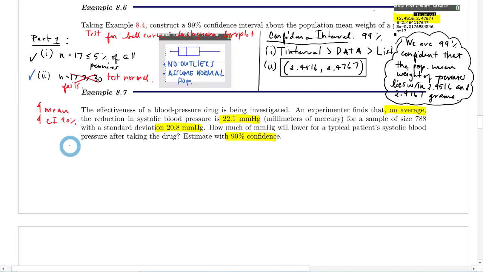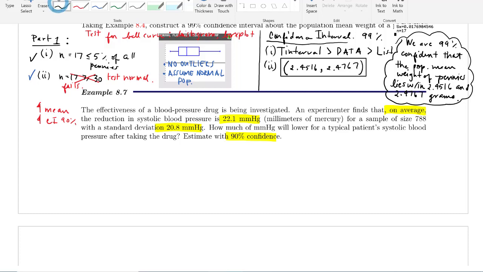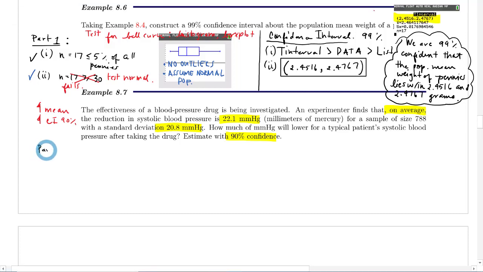Okay, and so they did not tell us it was normal, so we're going to have to do part 1. And I usually like to do it somewhere in the margin. So the first part is we want to make sure the sample size of 788 is no more than 5% of all what? Right, patients with blood pressure.